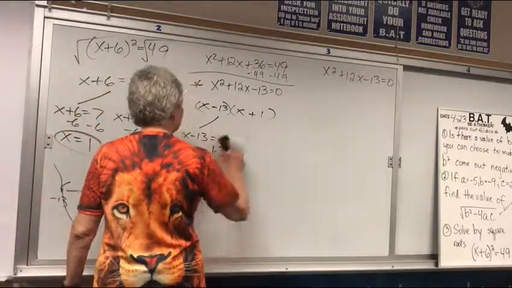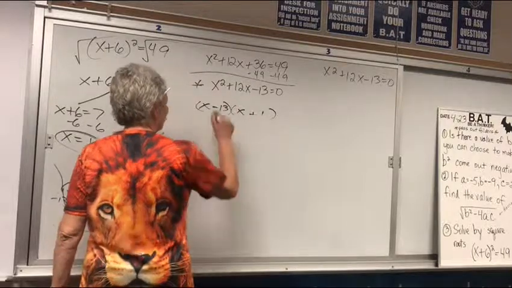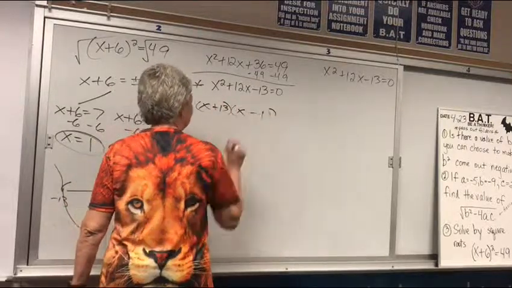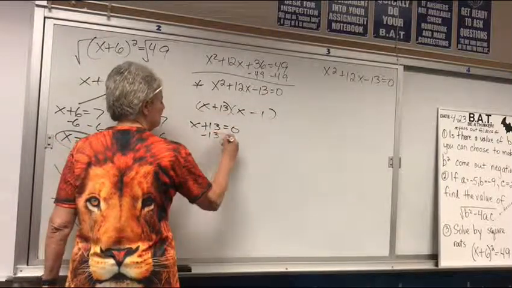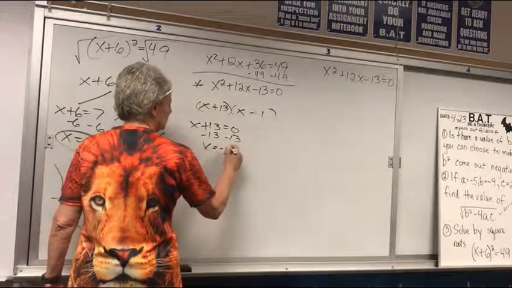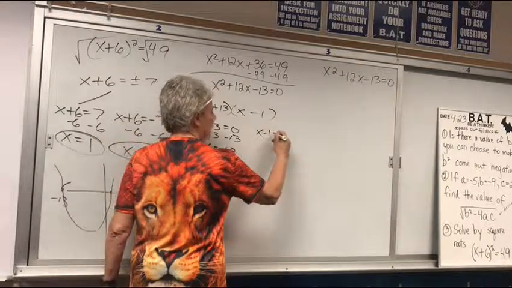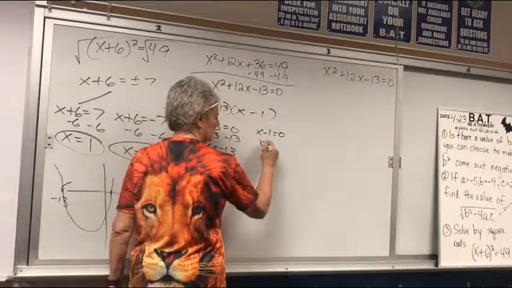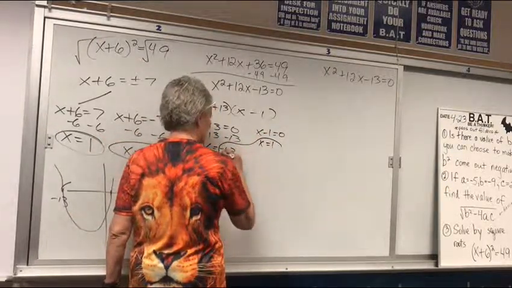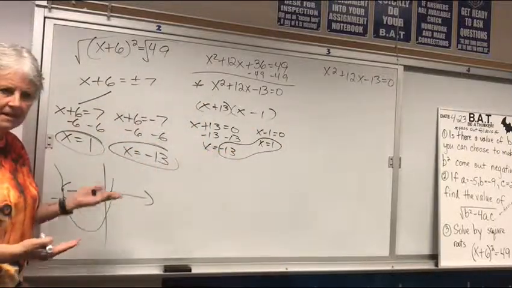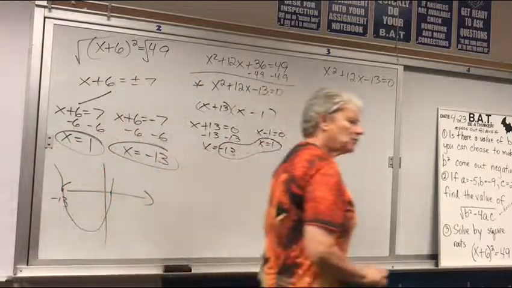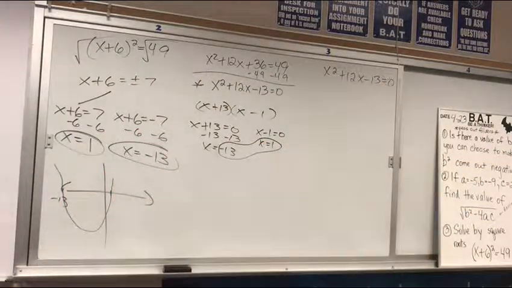It's positive 13. And negative 1. X plus 13 equals 0. X minus 1 equals 0. Same answer, right? Yep. Now, the quadratic formula.